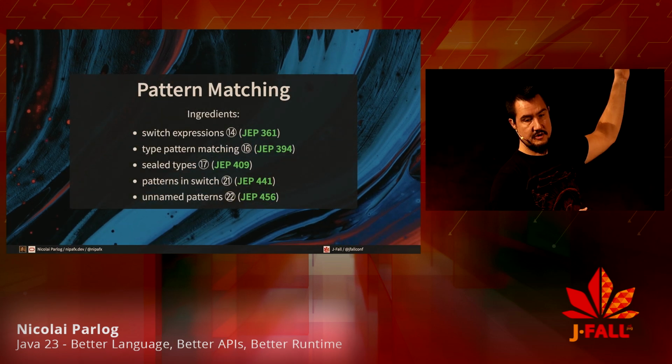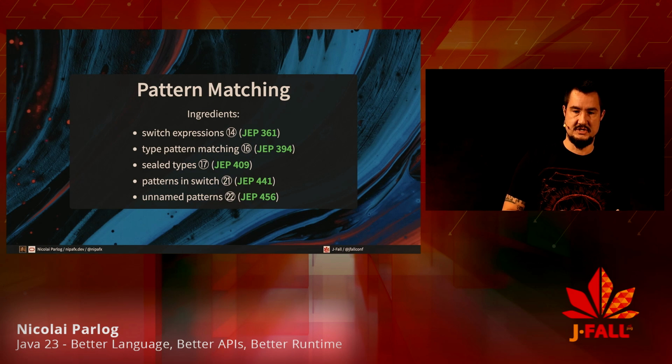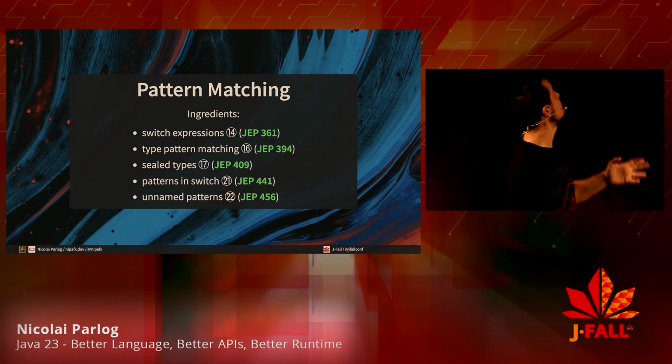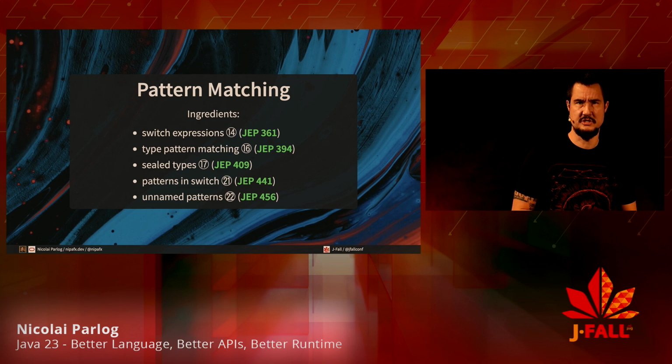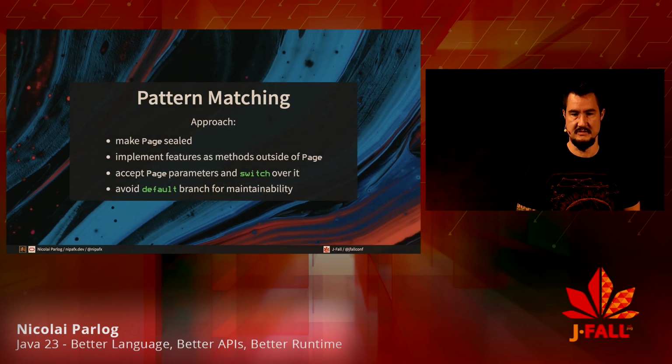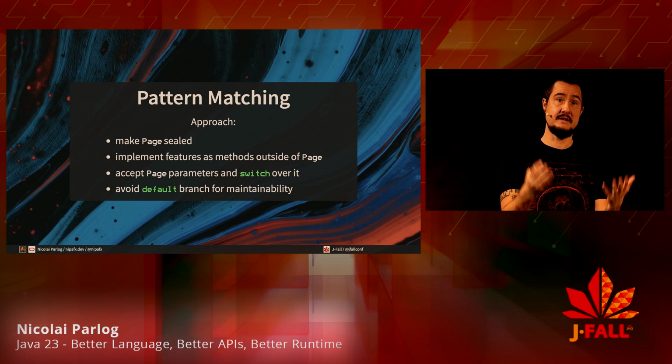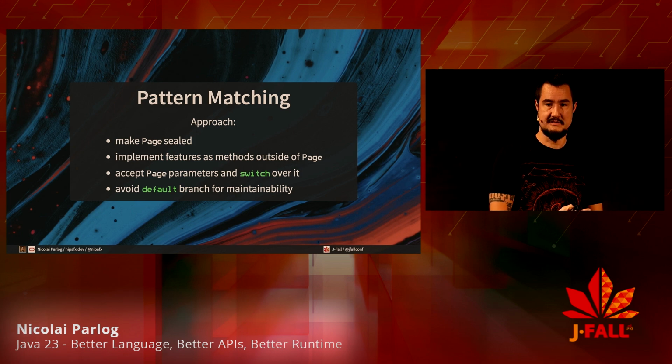All these ingredients go into pattern matching: switch expressions, type pattern matching, sealed types, patterns in switch, and at the very bottom there are unnamed patterns, which is not strictly speaking necessary, but extremely helpful, as you'll see. The idea here is that we make the page interface sealed.